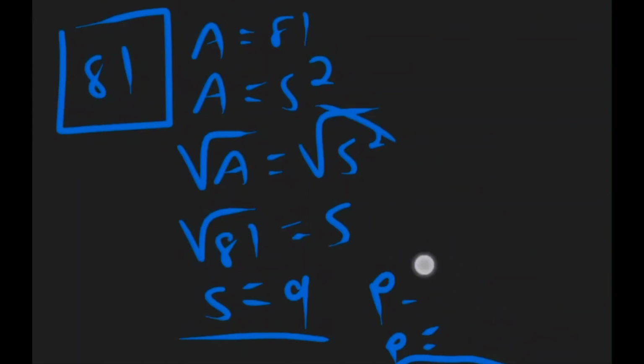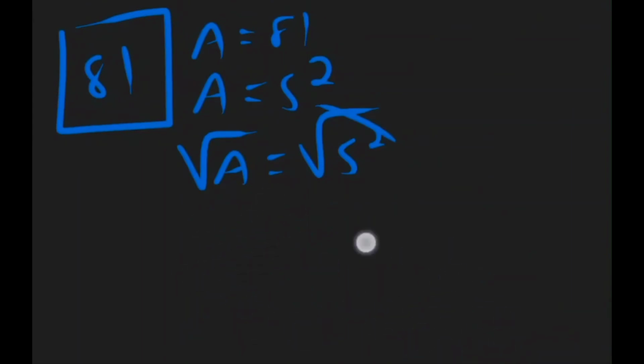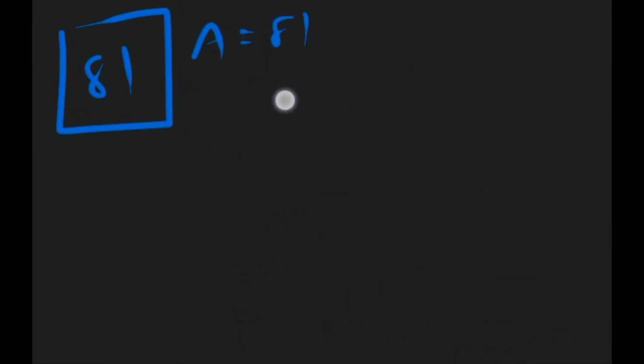Now the other way we can solve this problem is by combining the equations like we did before. So with that, we'll have area equals side squared, and as we already stated, side equals square root of the area.